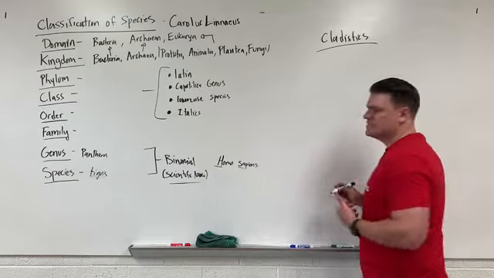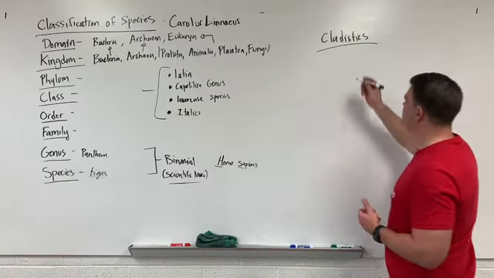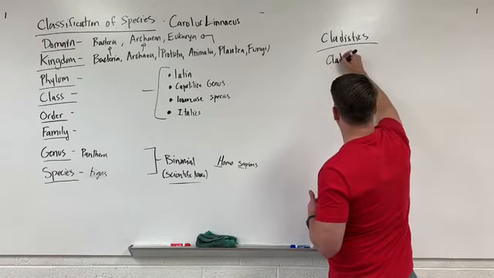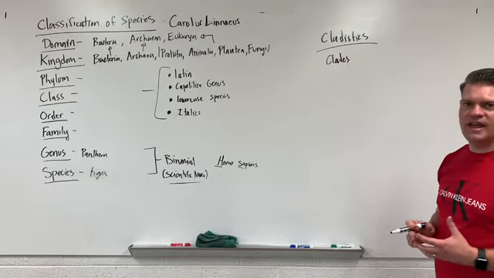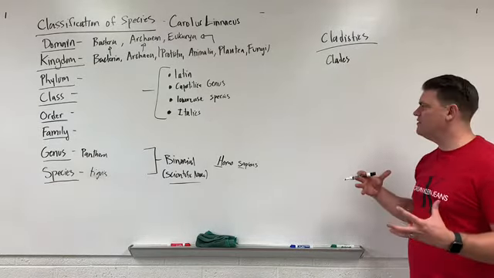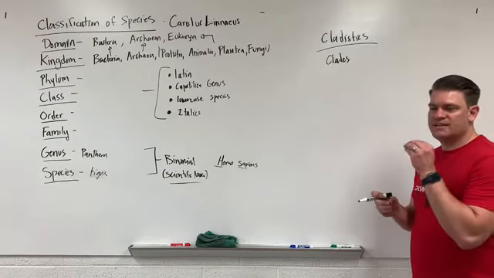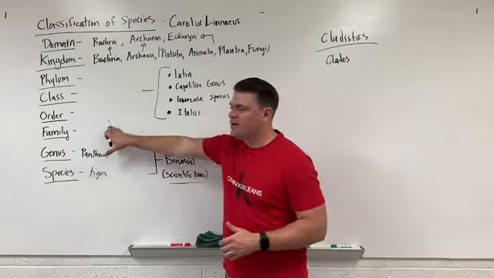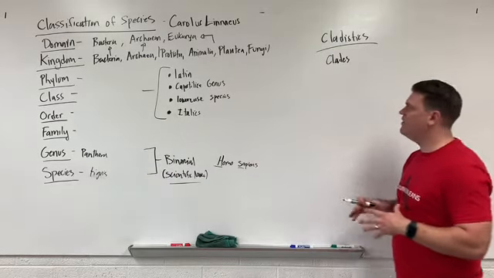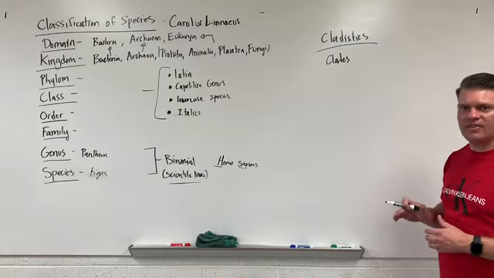And cladistics is pretty much making what we call clades of the history of a species or of a group of animals. So we could do a single species, or maybe a family or something like that to figure out what's the evolutionary path of that.